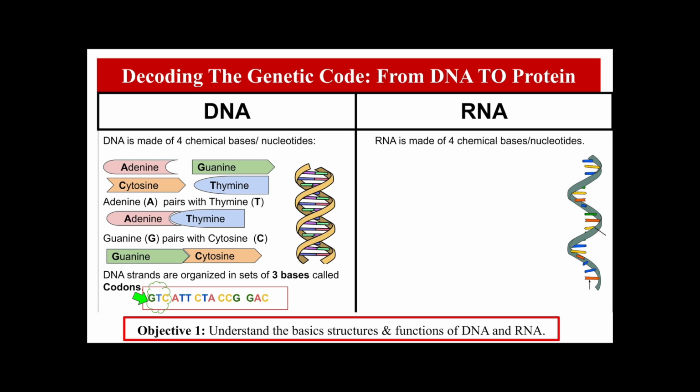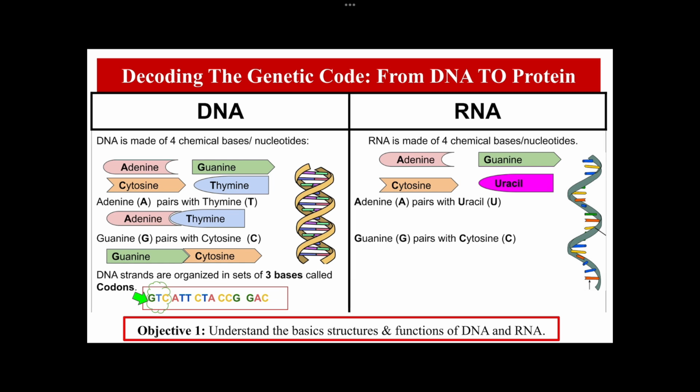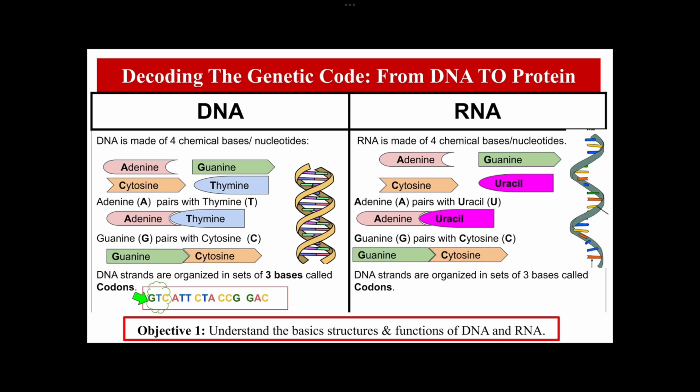RNA is also made of 4 bases: adenine, guanine, cytosine, although instead of thymine, RNA uses uracil. Because of their similar shape, adenine pairs with uracil, guanine still pairs with cytosine, and the bases in RNA are still organized by codons.